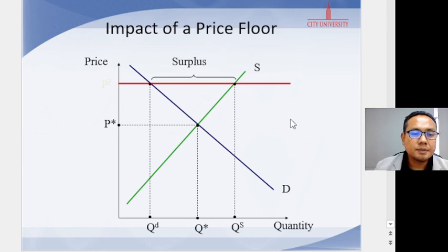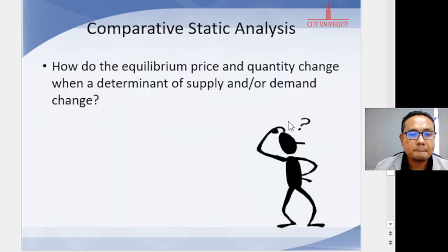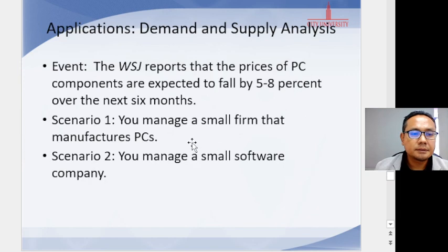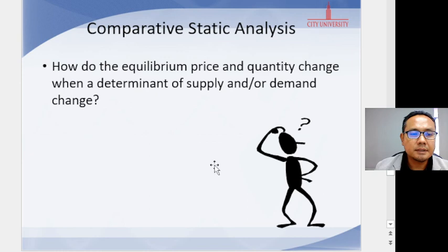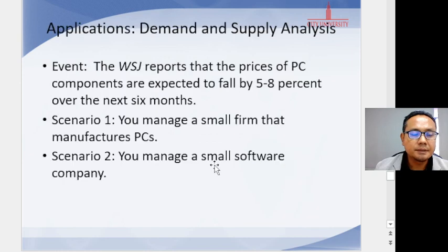This is an example for the impact of a price floor. How do the equilibrium price and quantity change when a determinant of supply and or demand changes? We can see this from this application, demand and supply analysis.